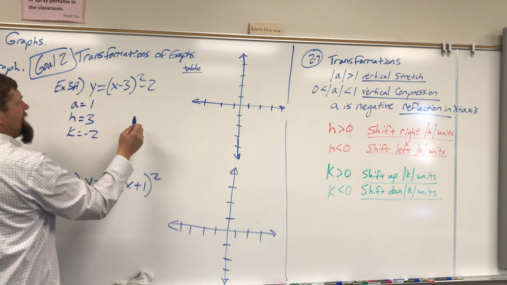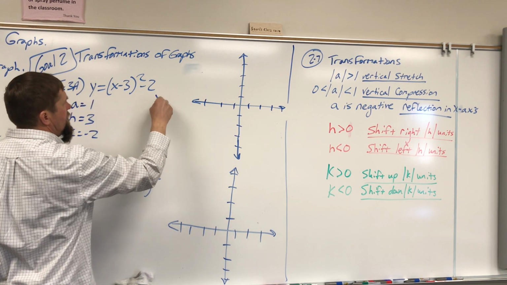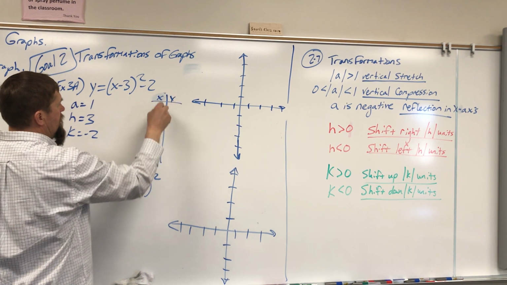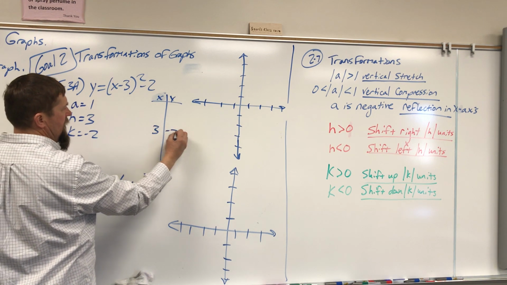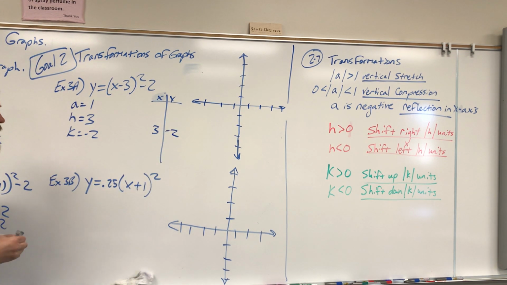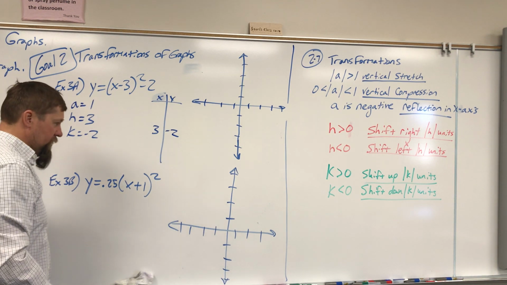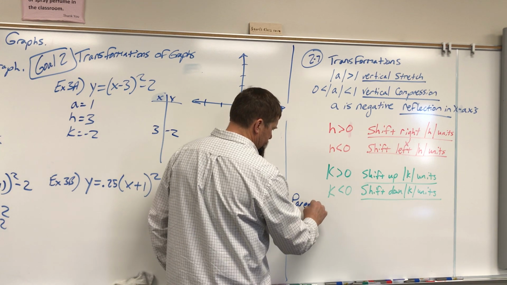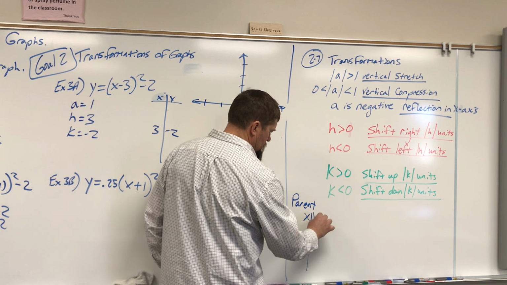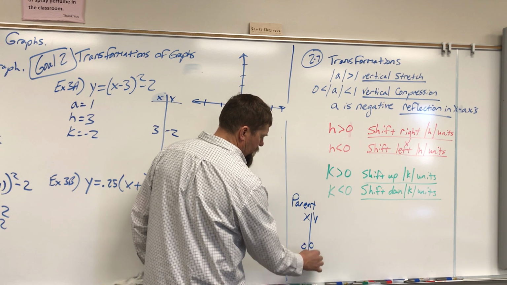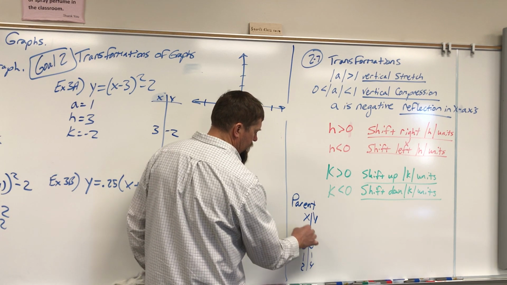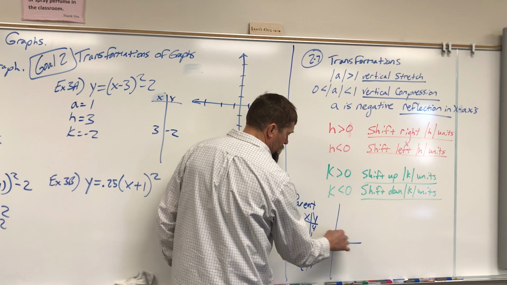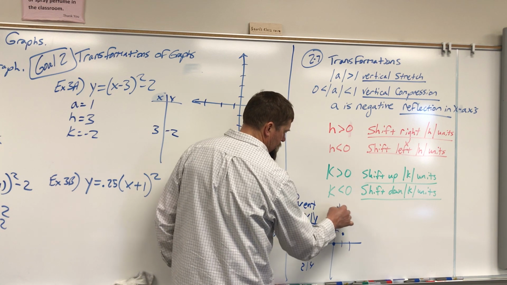So if we were to make an x and y table on this, we know the vertex is (h, k), so it's (3, -2). Now, if you recall, our parent function would look like this: (0, 0) in the middle, (1, 1), (2, 4), (-1, 1), (-2, 4).